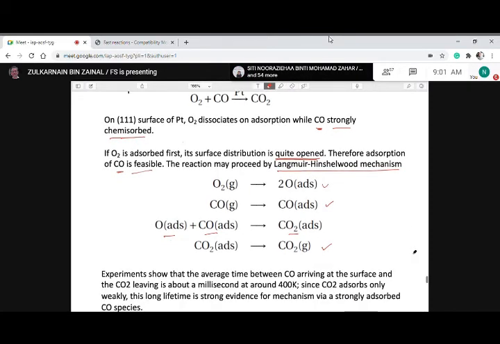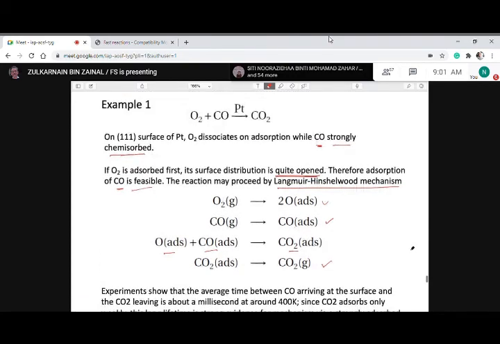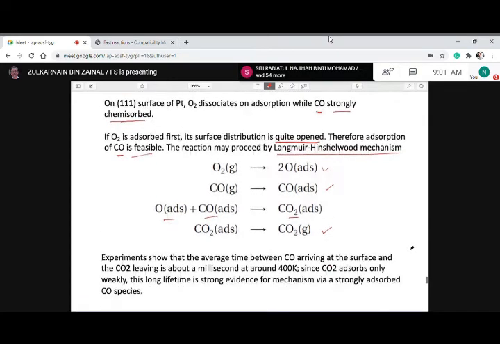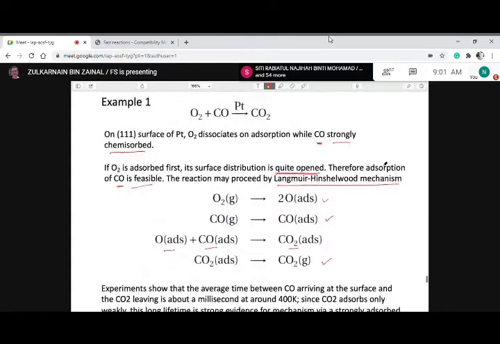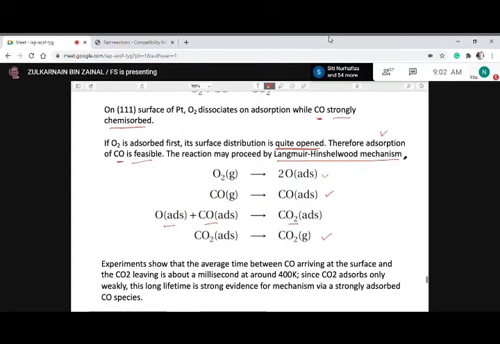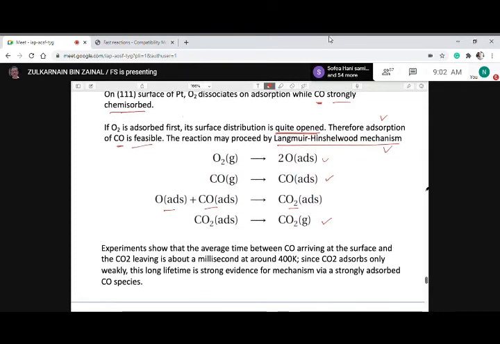So these are the mechanisms that you can write based on the information you obtain from here, and based on your knowledge that the reaction occurs by the Langmuir-Hinshelwood mechanism. Okay, so remember, in the Langmuir-Hinshelwood mechanism, both reactants react on the surface of the catalyst.